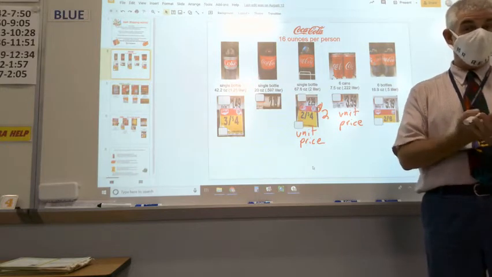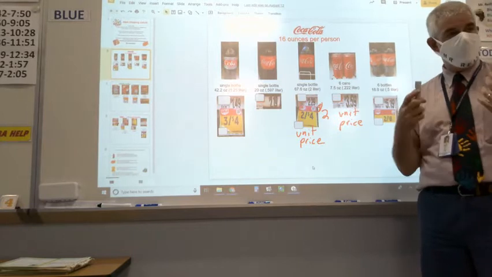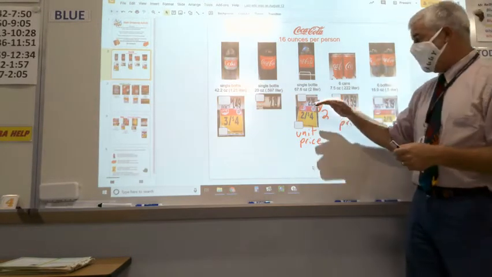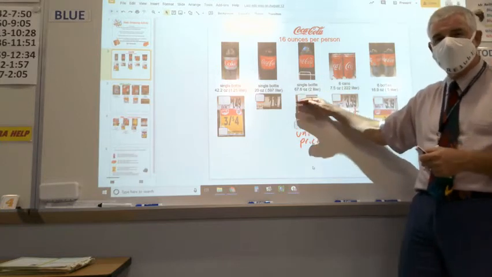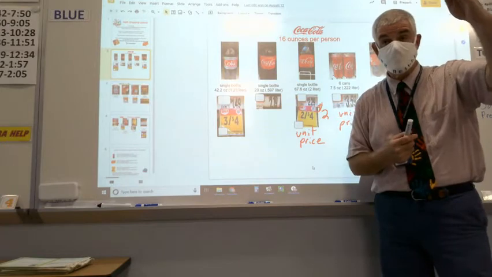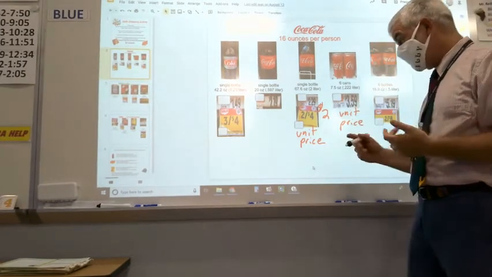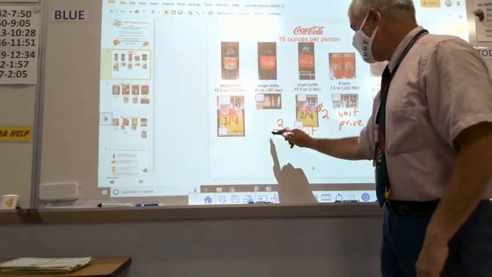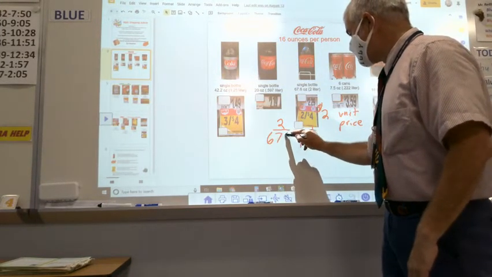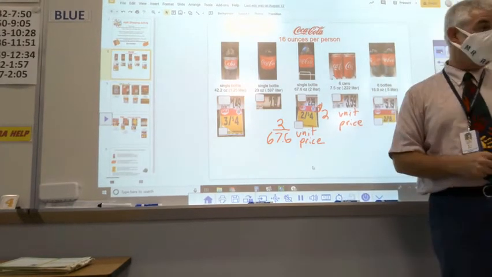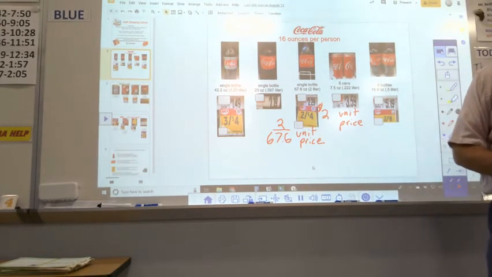You want dollars per ounce, okay? This is a tricky part of these problems, and that's why we're talking. If you want your answer to be dollars per 1 ounce, then you have to do dollars divided by ounces, okay? So you're going to do $2 divided by 67.6 ounces.